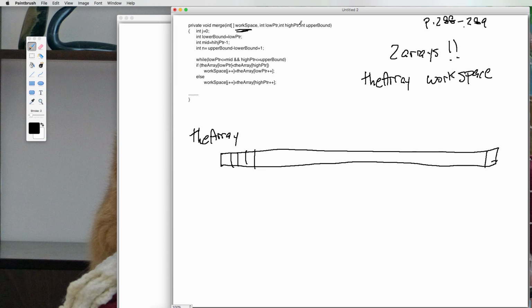And what's going on here is we're coming in with a couple of references. We're coming in with something called low pointer, and high pointer, and there's something called upper bound. And I just noticed that's a typo there. That should be high pointer. But okay, so we're coming in here. And this is low pointer.